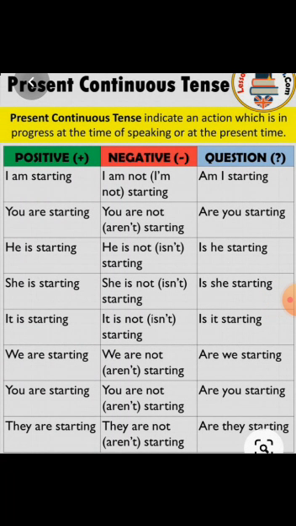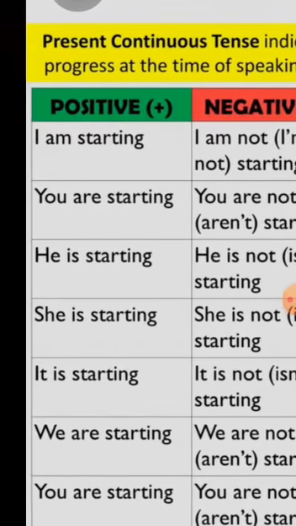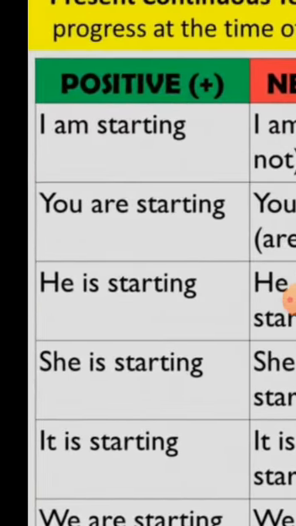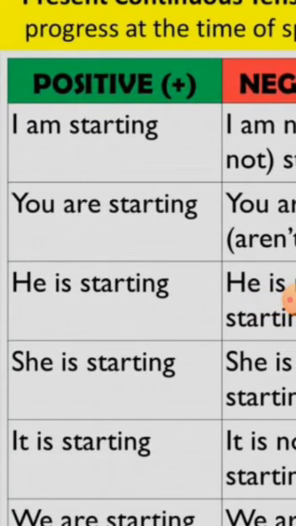Am is used only with I, and are is used with all the plural subjects: you, we, they. So in a positive or affirmative sentence, we use subject plus is/am/are, then first form of the verb with ing, and then the object.